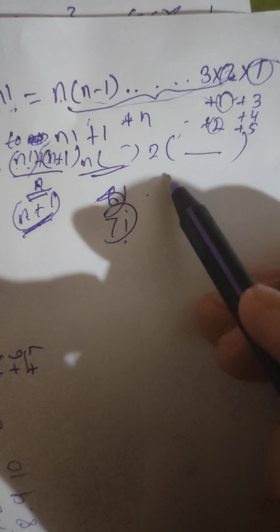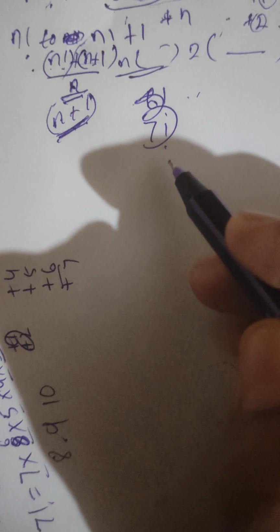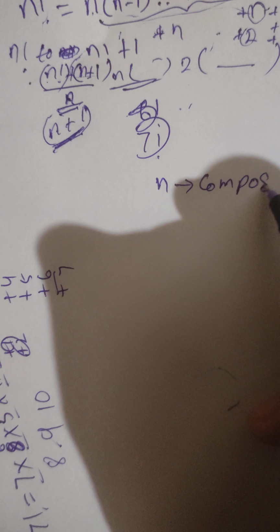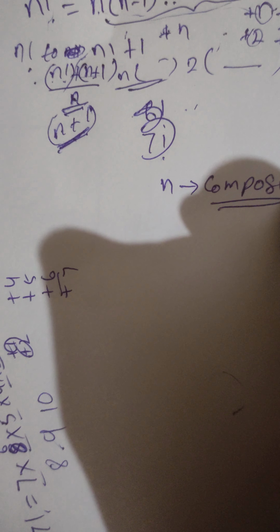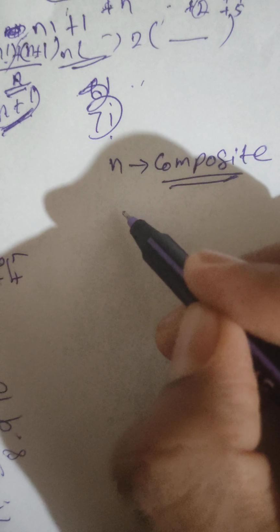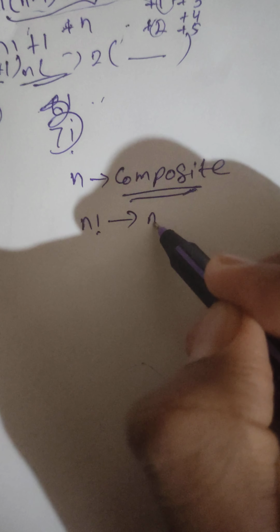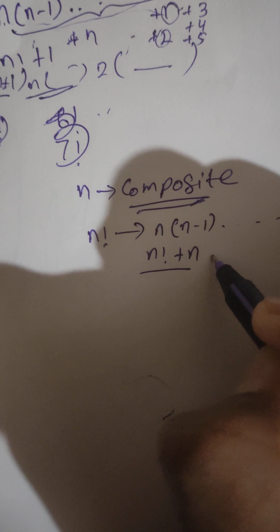So how to generalize this? I found out that if n is a composite number, then we can write n factorial, and here we can write n factorial plus n at the last and take the n common out.